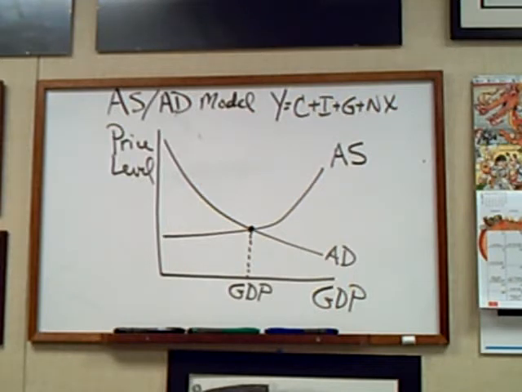Now, aggregate demand measures essentially the desirability of the whole economy for goods and services. And so if aggregate demand increases, the GDP will grow. If aggregate supply increases, GDP will grow, and the price level will in fact follow.